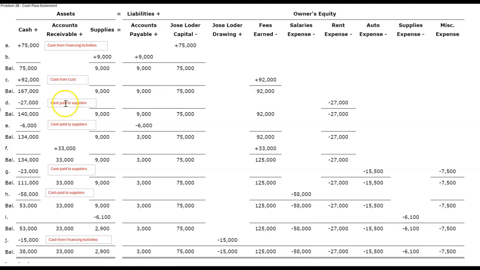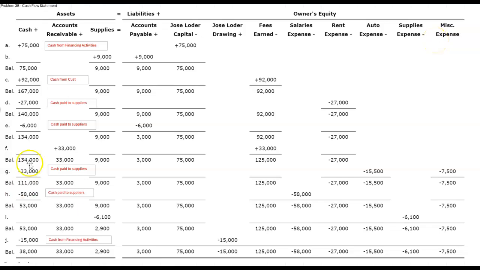Okay? Then cash paid to suppliers would be everything else that affected cash. Here's our fees earned. The only one that was paid in cash was the $92,000. Now all of these, the salaries, rent expense, auto expense, supplies, and miscellaneous, these are all cash paid to suppliers and other creditors.